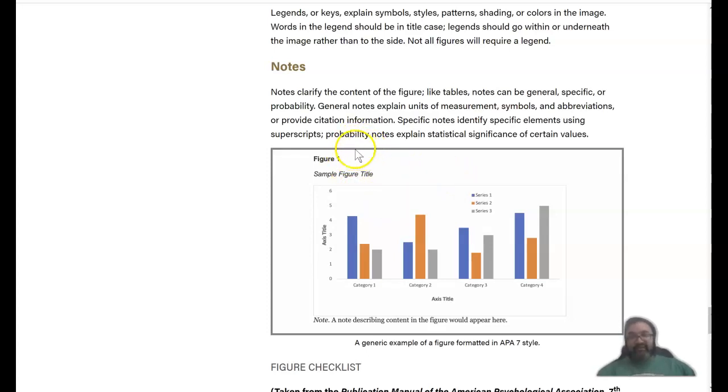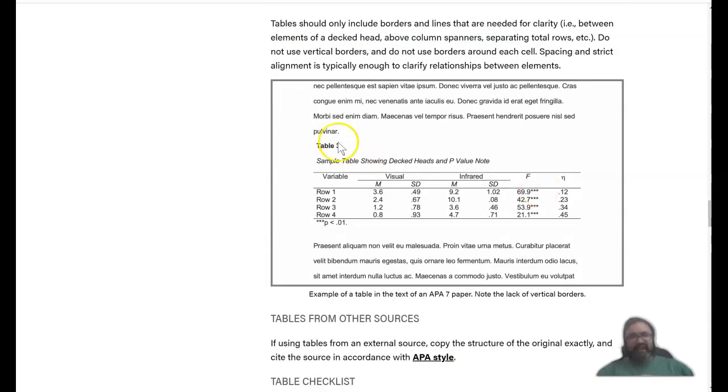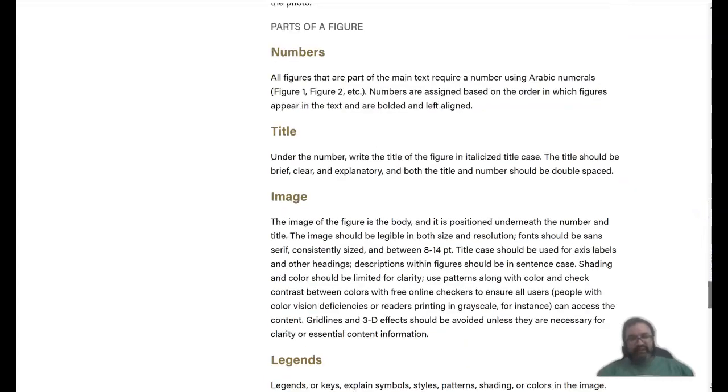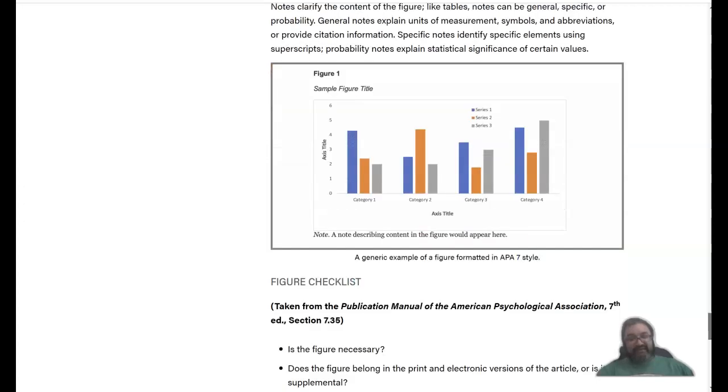But you want to label this as figure, not table. Sometimes students get confused about this. Let's just go to the table again. The word Table is bolded. So you can actually add legends and some other things.